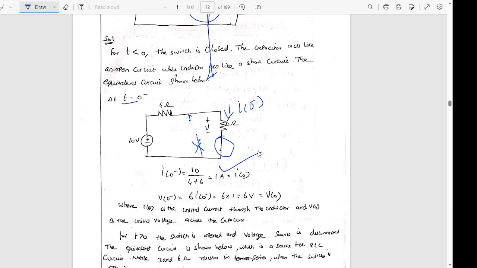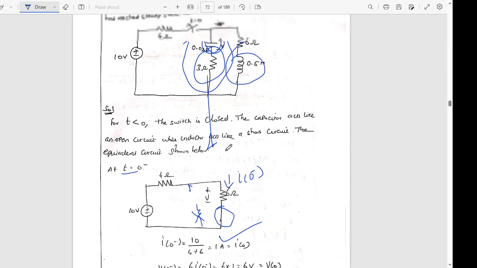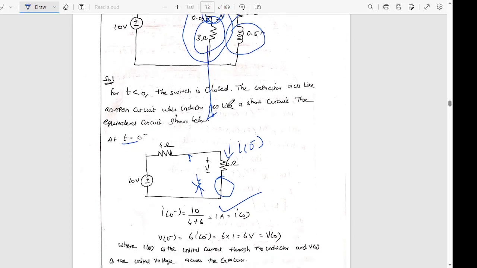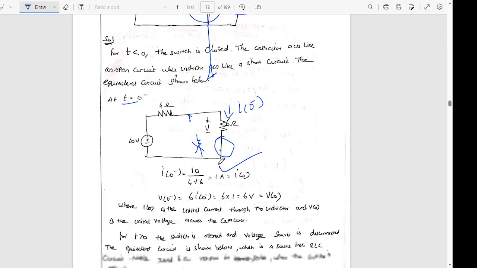So V of 0 minus equal to 6 times I of 0 minus, which is 6 times 1, will be 6 volt. So we got 6 volt.